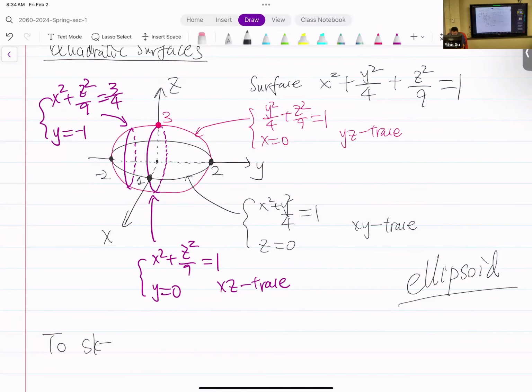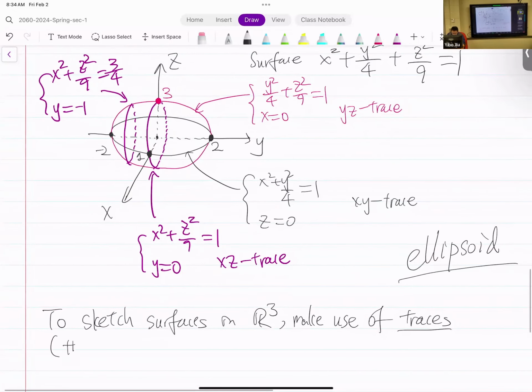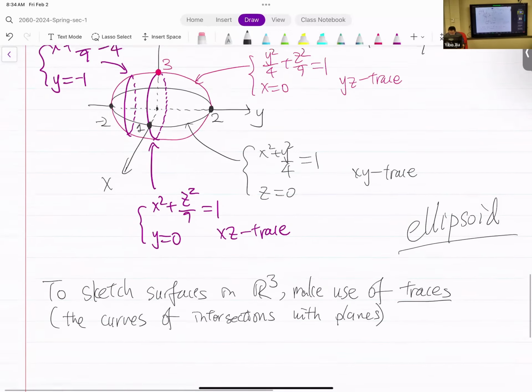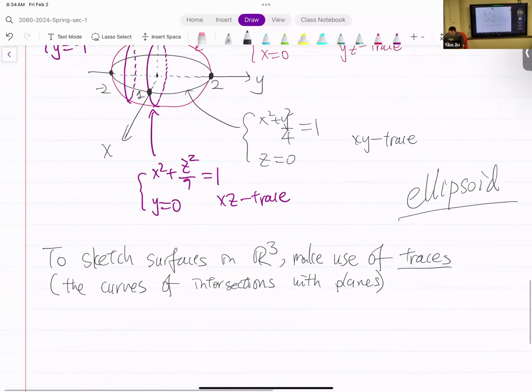To sketch surfaces in R3, make use of traces, the curves of intersections with planes, especially those axis planes. Okay. So XY plane, YZ plane, XZ plane.